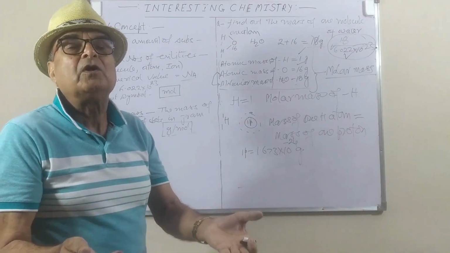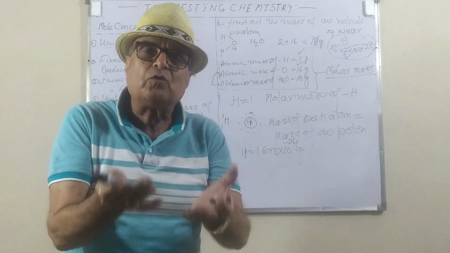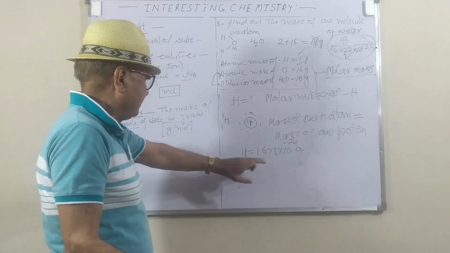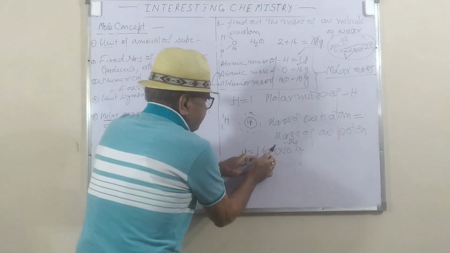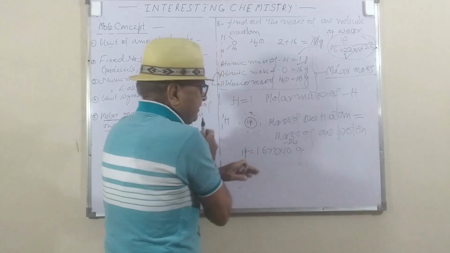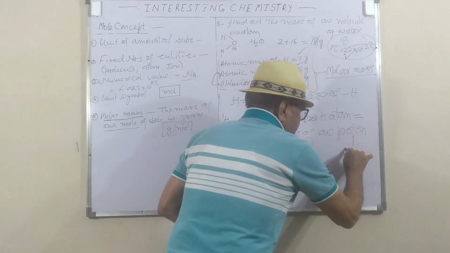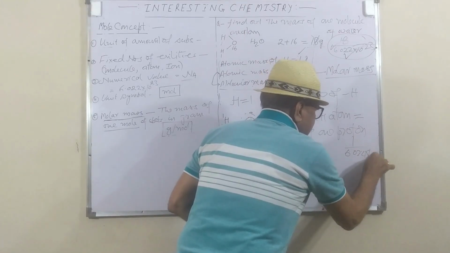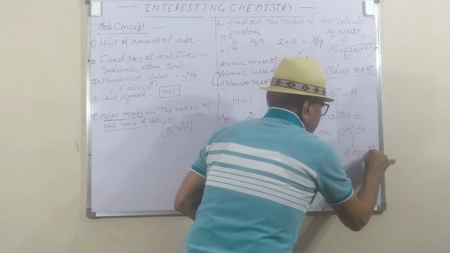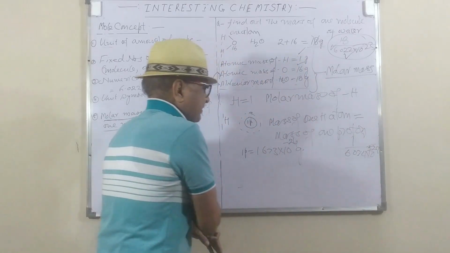So the mass of 1 atom of hydrogen will be 1.673 into 10 to the power minus 24. If you divide this by 6.022 into 10 to the power 23, you will get this value.